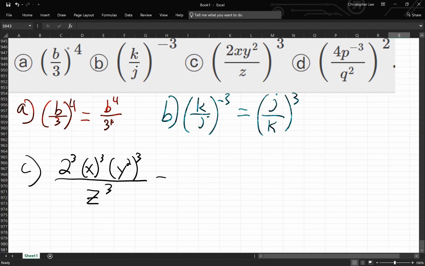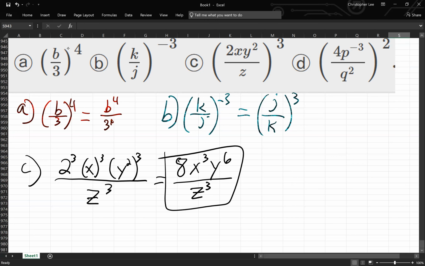Working this out, I should have 8 x to the third, y to the 6 over z to the third. Questions on that? Okay.